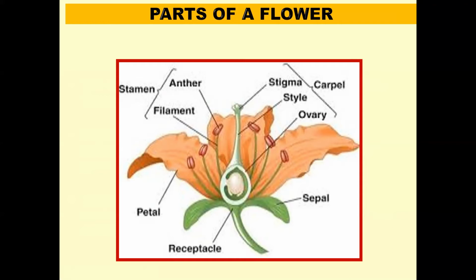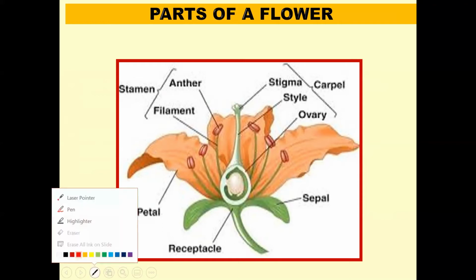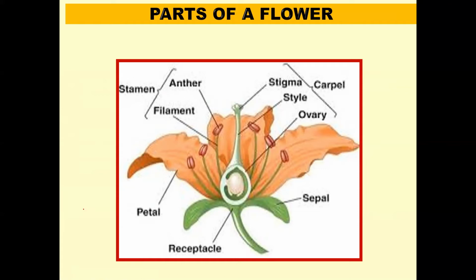Now see the reproductive parts. The first reproductive part, the male reproductive part, is the stamen. This whole structure is representing a stamen. In this stamen, you can see the upper part, which is the anther, and this stalk-like structure, which is the filament.